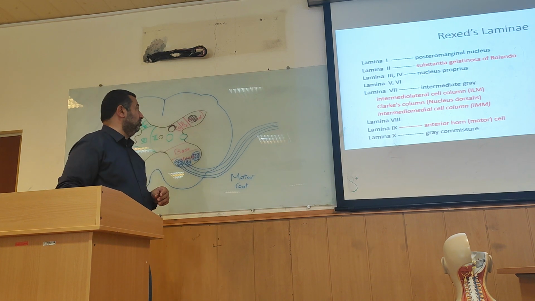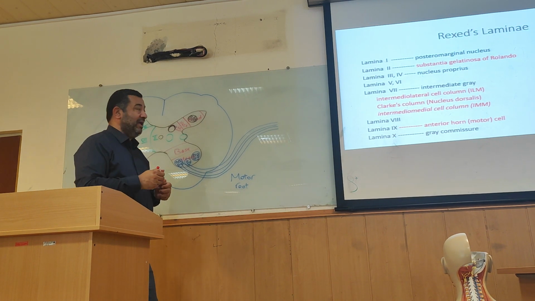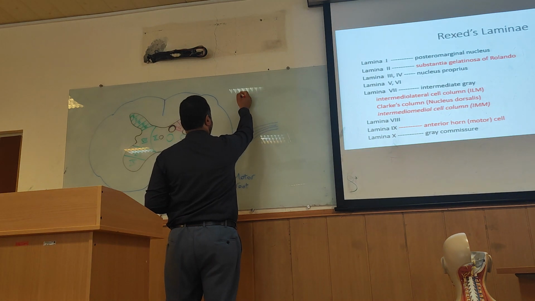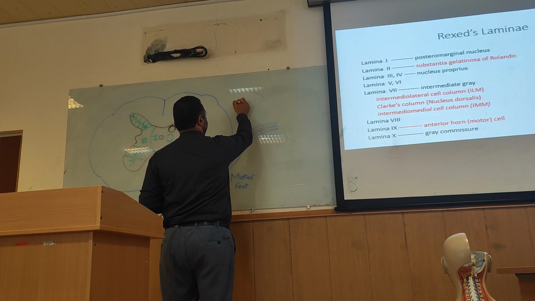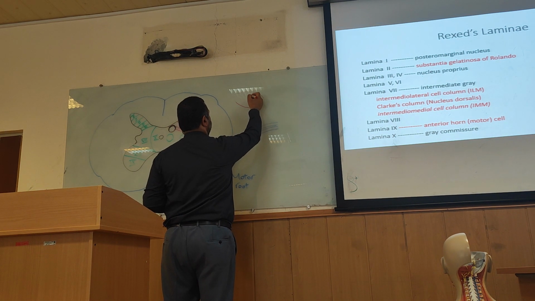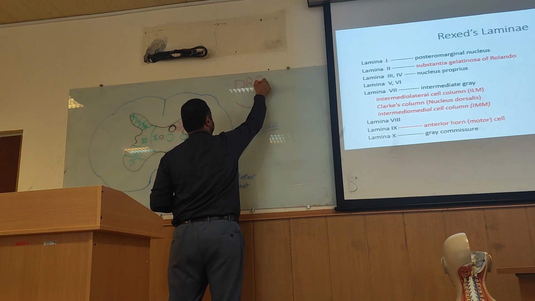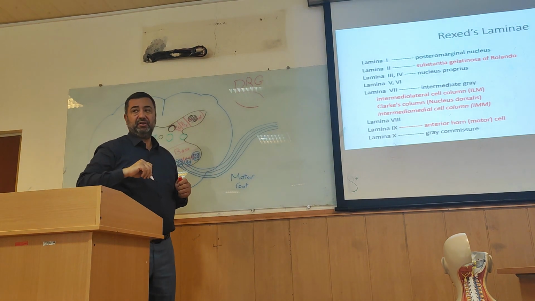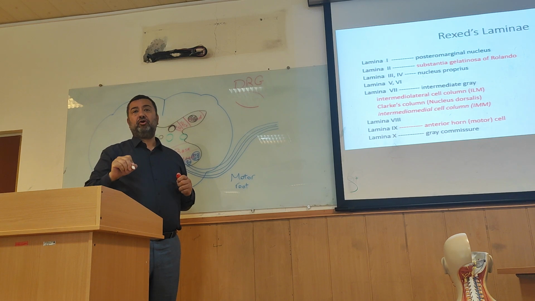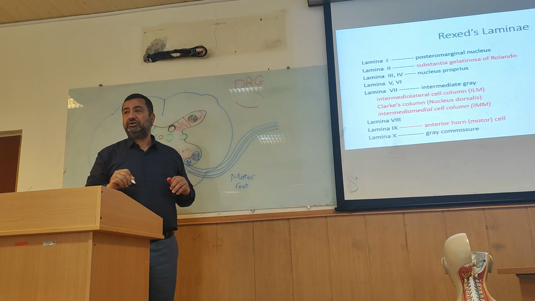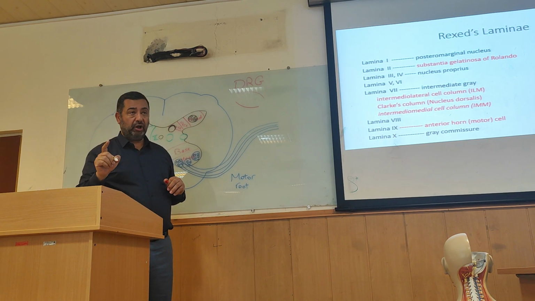If you remember, I told you there is a sensory root here, and in the sensory root, there is a ganglion that is called DRG, dorsal root ganglion. Which type of neurons are there in the DRG? Pseudo-unipolar neurons.